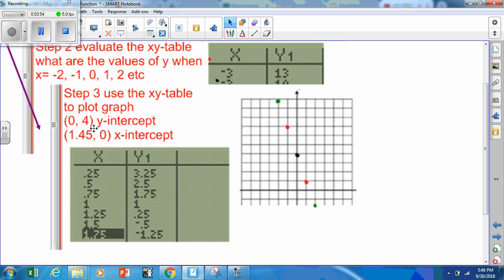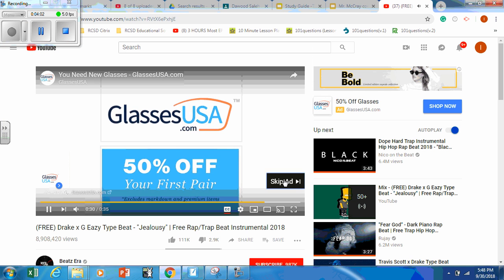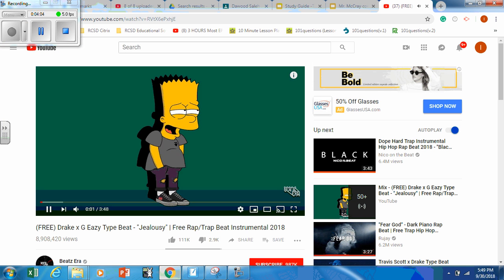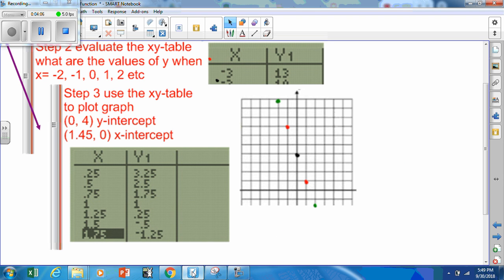Let us consider our x-intercept. For the x-intercept, instead, we look for the number in the x column when our y is 0. This could be confusing for some people, because here the x is 0, so you might think it's the x-intercept. Here the y is 0, so you might think this is the y-intercept, but it's just opposite.